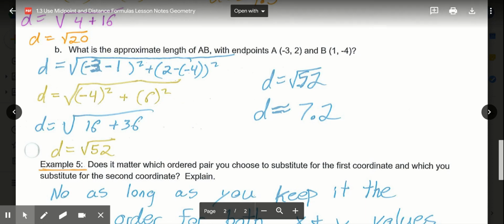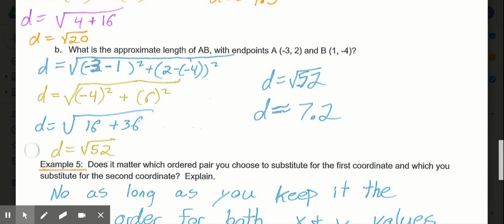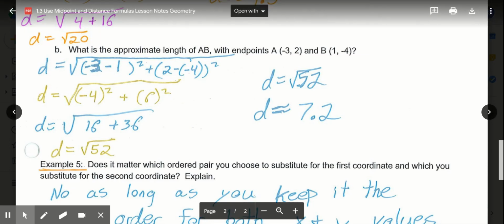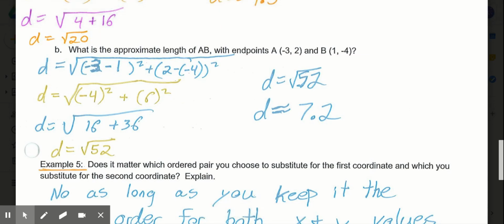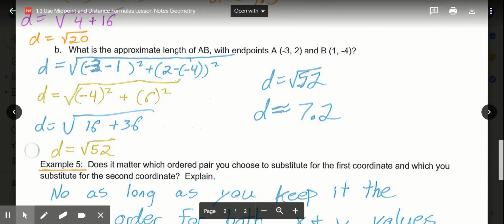2 minus a -4. Remember, if we were subtracting a negative, we change that to adding a positive. So that's 2 plus 4, 6. So then we have -4 to the second power plus 6 to the second power, all inside the square root. Do our squareds. -4 squared is 16. 6 squared is 36.